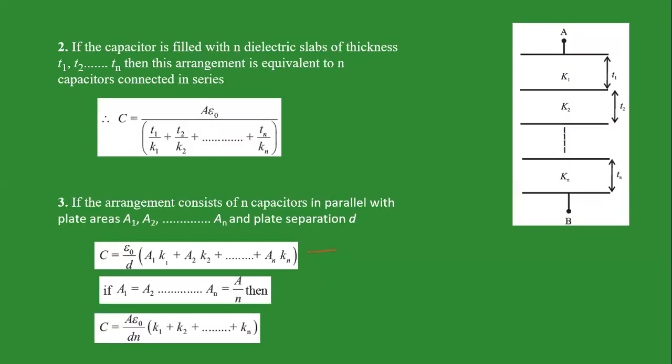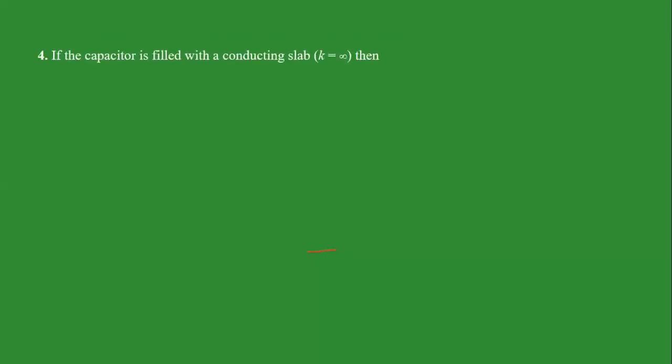Now case 4: if the capacitor is filled with a conducting slab between the two plates. If we use a conducting slab, for a conducting slab K is infinity. Now I consider two plates: this is the first plate, this is the second plate.